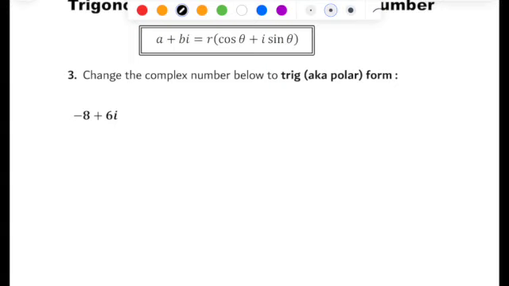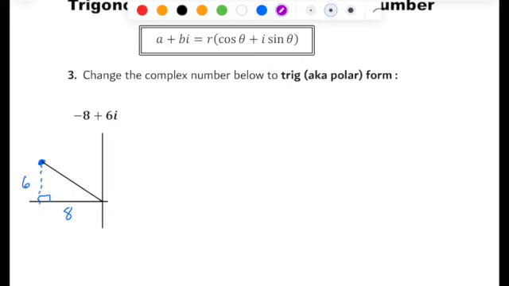So negative 8 plus 6i. That's like 8 to the left and 6 up. So I'm going to be in quadrant 2, right? So 8 to the left and up 6. So definitely going to be further left than it is up. My right triangle, I went 8 to the left, I went 6 up.